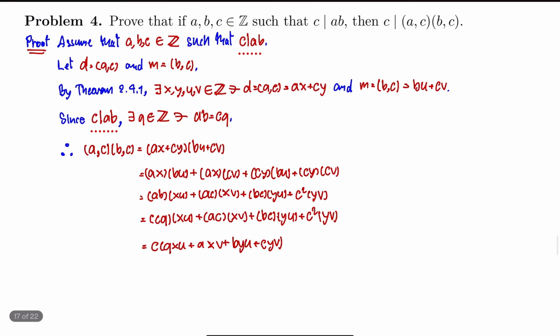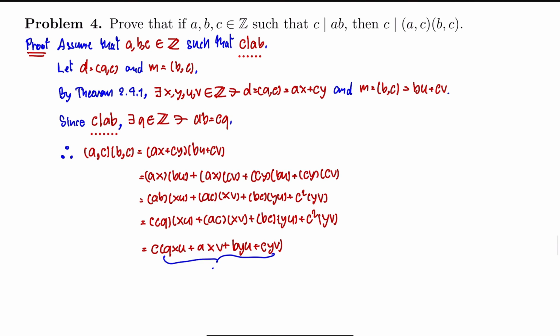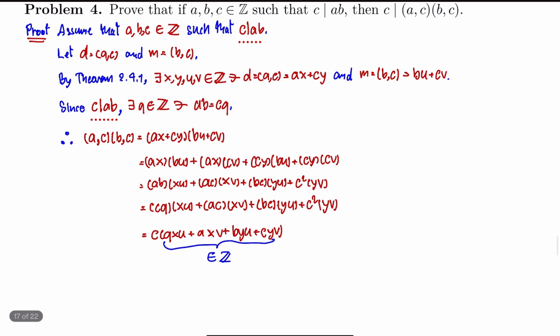Alright? And this number is an integer, right? These numbers are integers. Okay? So by divisibility, right now we have the greatest common divisor of ac times the greatest common divisor of bc being c times an integer.